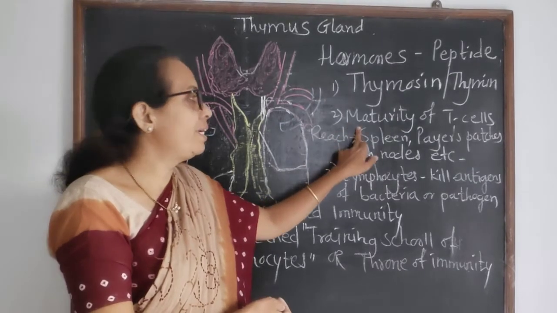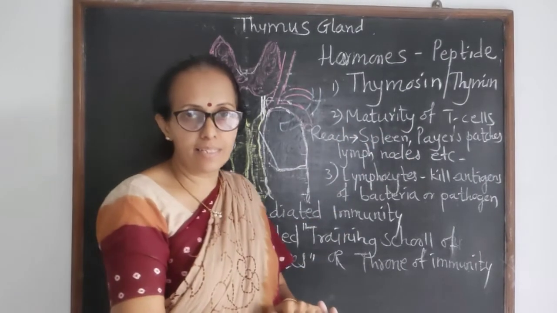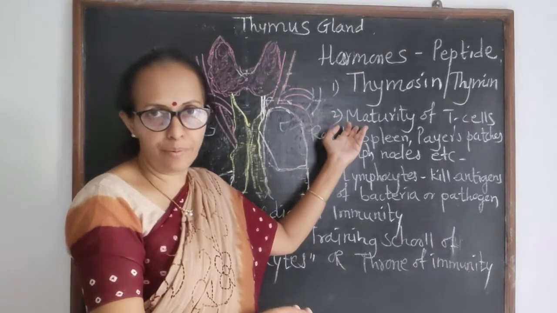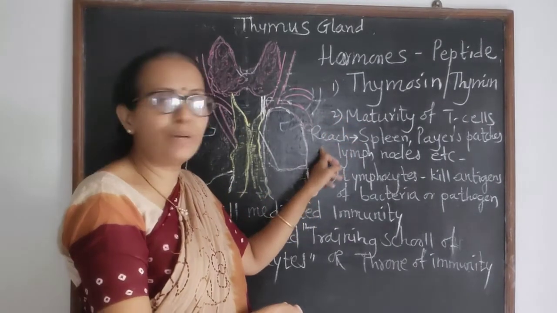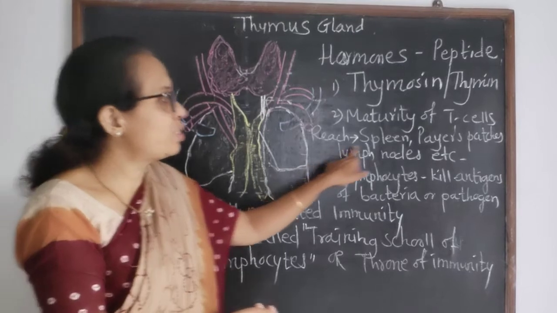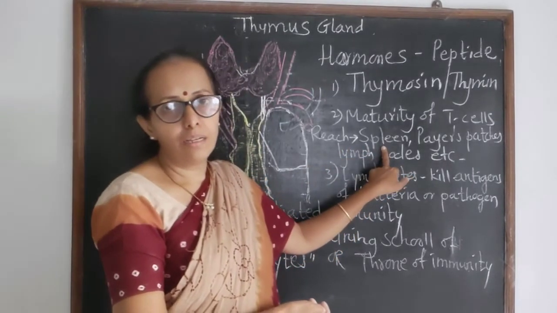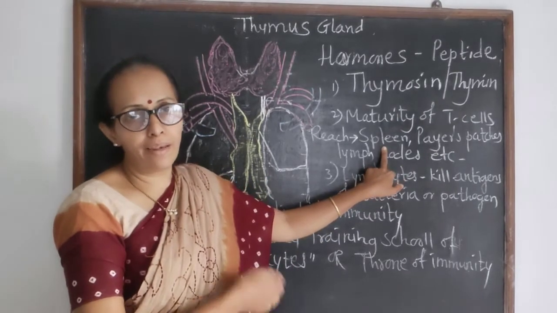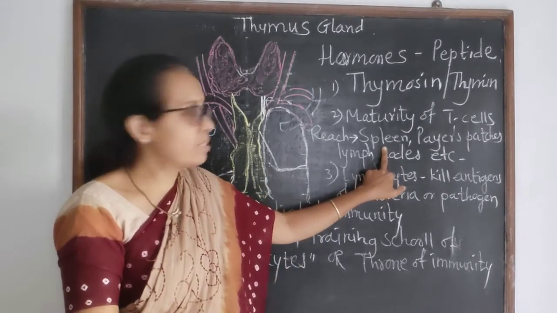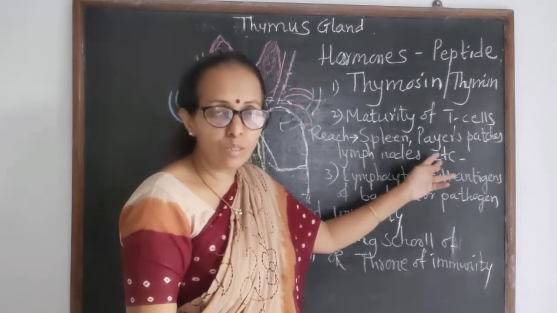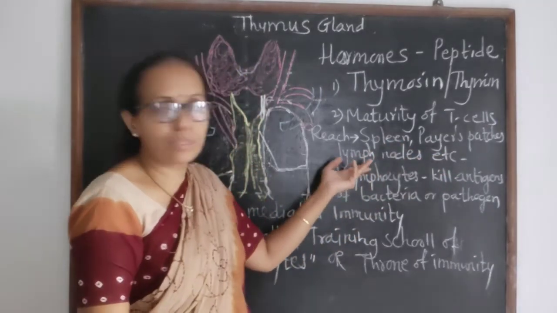The maturity of these T lymphocytes occurs here, and these matured lymphocytes reach various parts which play a role in the immune response, like the spleen, Peyer's patches, or different lymph nodes, etc.